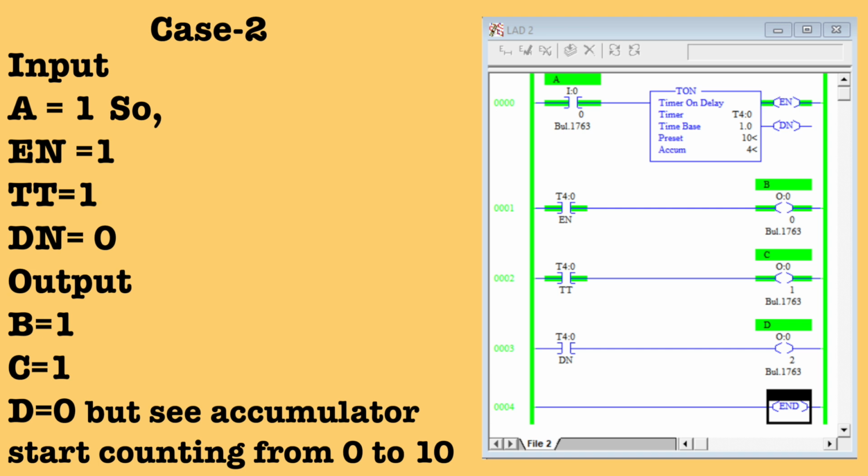As per the timer function, when the timer gets the input, the accumulator starts counting, and when the accumulator starts counting, our TT bit is also high. You can see in the figure that in the third rung the T4:0/TT is also high. That's why our output C is also high, because output C is connected to the timer bit. Right?